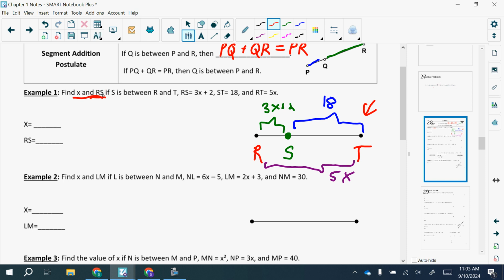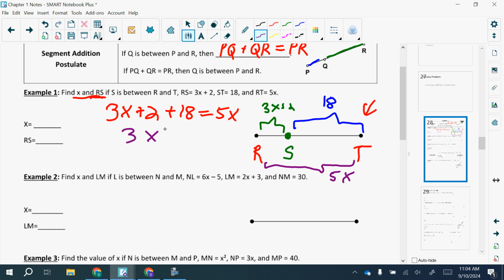So we just use the line segment postulate, which again just states that the two parts equal the whole. To translate that from English to math, in this scenario, that looks like this. Part 1, which is 3x plus 2, plus part 2, which is 18, equals the whole thing, which it told us is 5x. So let's go ahead and simplify that.